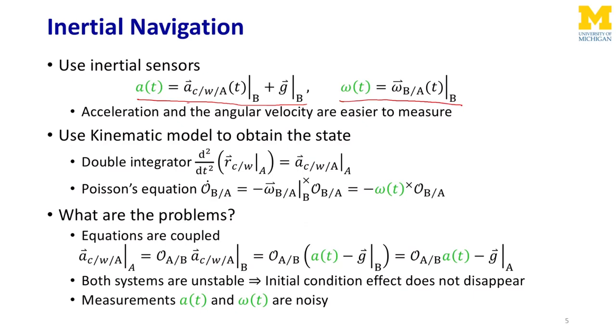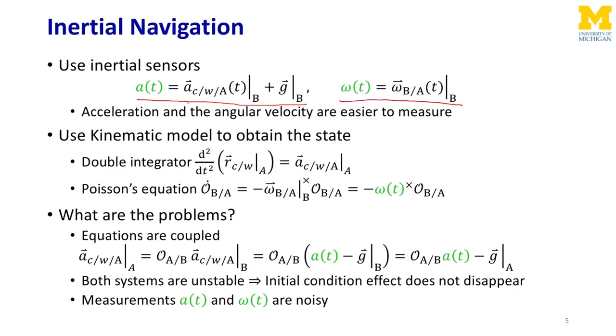And these two are far easier, simpler and cheaper than the GPS or the mocap type systems. They call it a 6-axis IMU, and those things are like $5. Those sensors can give you the acceleration in the body fixed frame and the angular velocity in the body fixed frame for like $5.